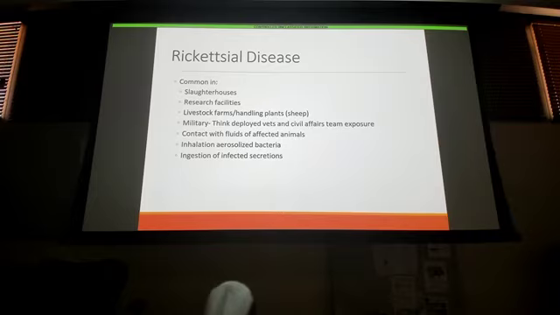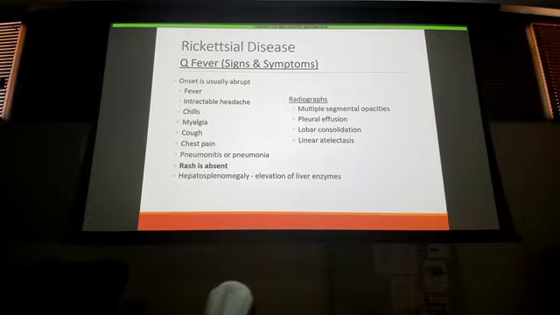It's employed areas where they have animals that they're in contact with. It can be inhaled or ingested. Usually abrupt onset, fever, intractable headache, chills, myalgia, cough, chest pain, all that. And look here, we call this a rickettsial disease, or at least used to, but there's no rash. Because again, this one is not in the endothelium, it's attacking organs itself.